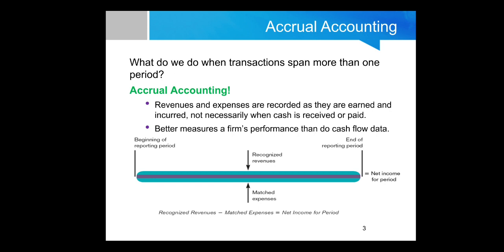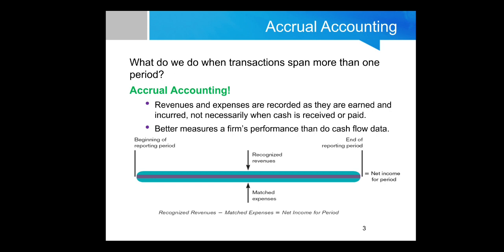Let's say one transaction happened. On the 29th of December, you have received an electricity bill for the month of December, $300.